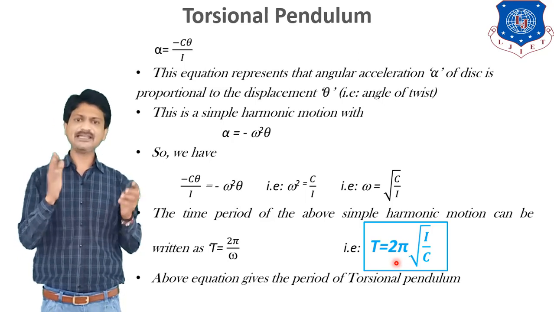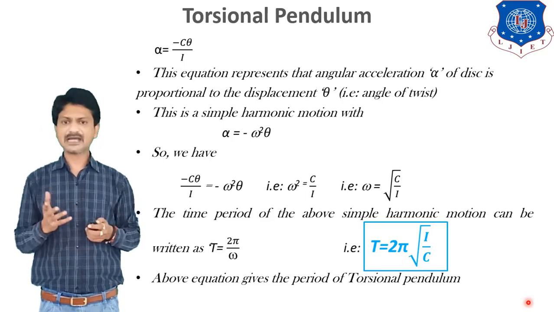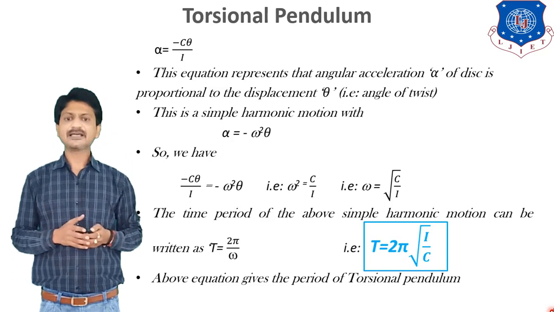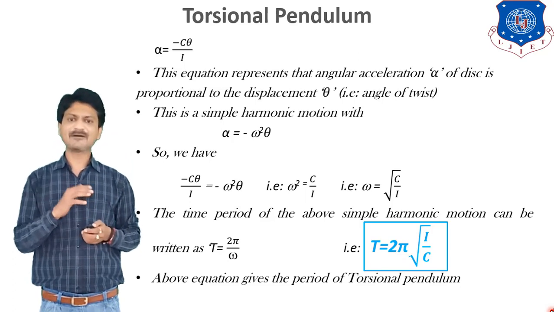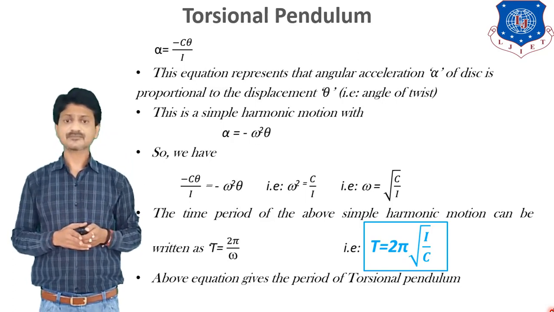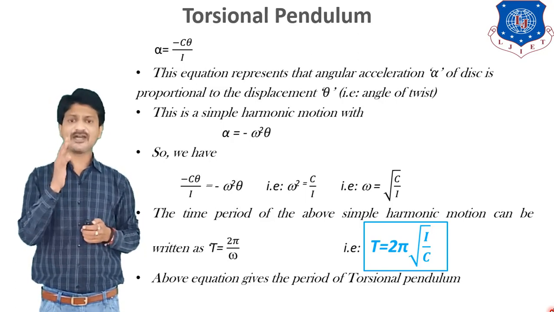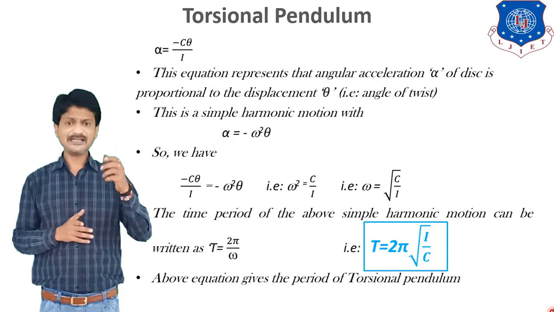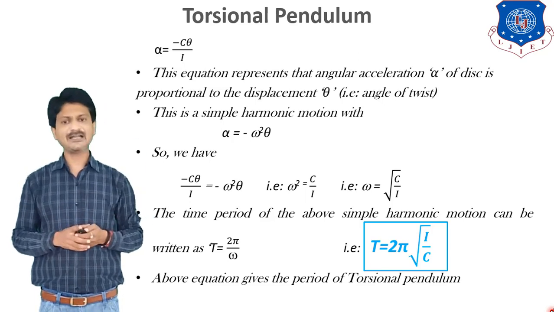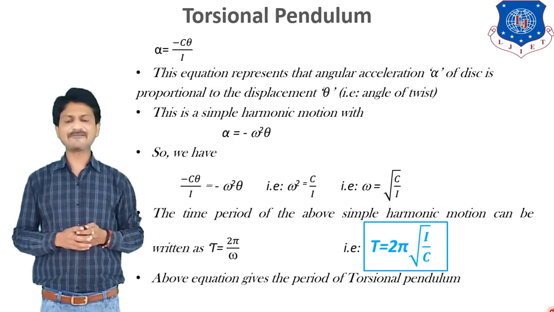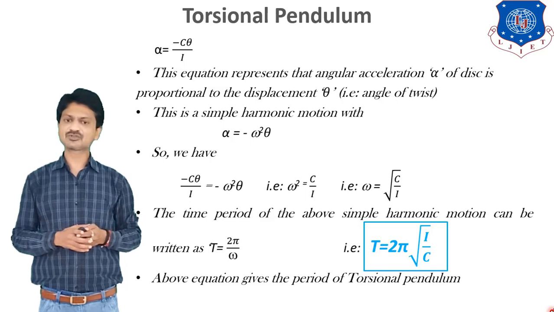So by comparing both equations of tau, we have the equation of d square theta by dt square. And now we have replaced the value of d square theta by dt square into the equation of alpha. So we have the final equation minus c theta equals I alpha.